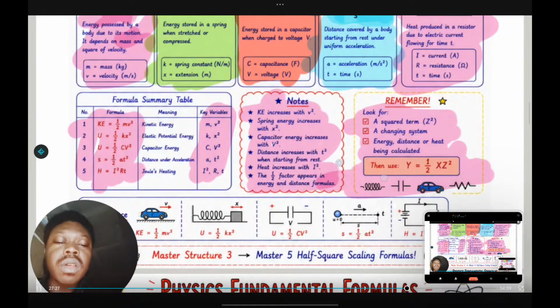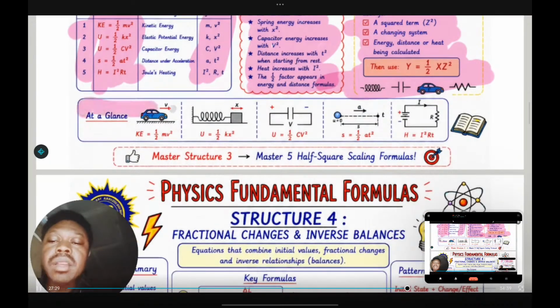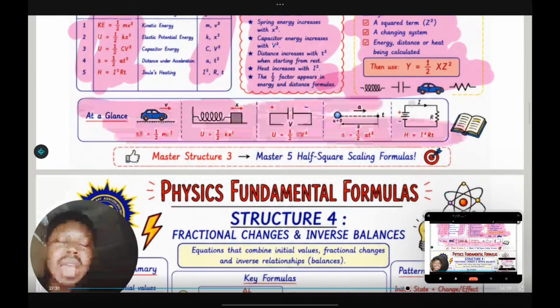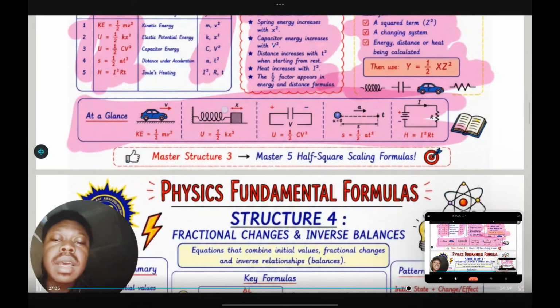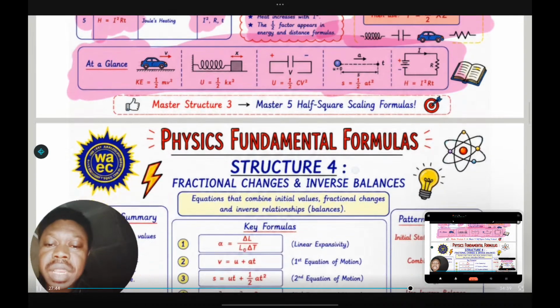Take note of all these structures at a glance. So let's go to the final one now. I only gave you 4 structures, and if you're able to understand these 4 structures, we have almost covered the whole of physics.